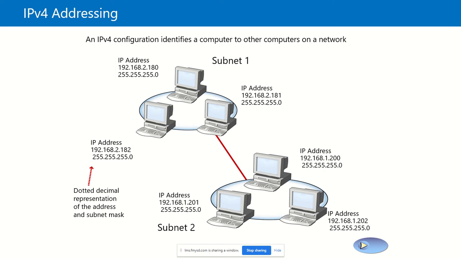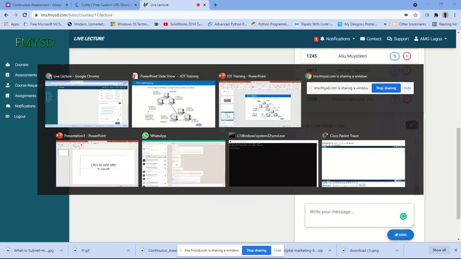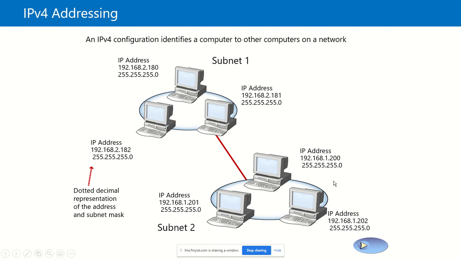Okay, the computer of 192.168.1.201 cannot easily communicate to the computer of 192.168.2.180 with that subnet mask that says 255.255.255.0. So a lot of all these things we're going to talk about when we do our physical class, when we do network, how to calculate subnets and the rest of them. But just understand this: the subnets are used to separate networks, to break networks into smaller pieces.